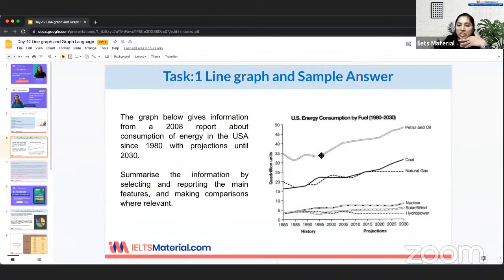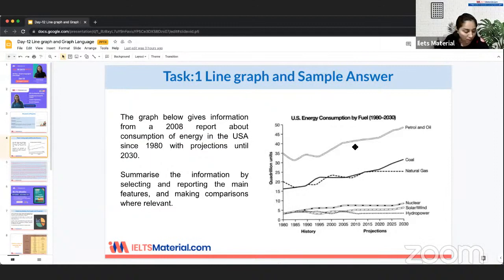Here I would present you one question which is talking about US energy consumption by fuel. Okay, US, they're talking about the USA and the USA's energy consumption by fuel.